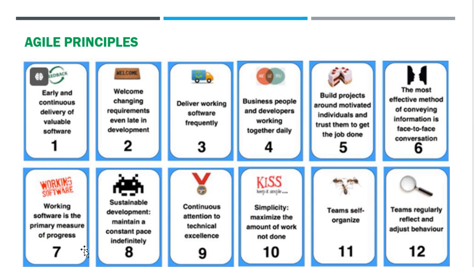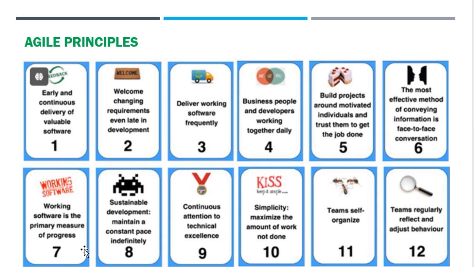So in order to understand from the agile perspective, instead of measuring success by the number of features planned or lines of code written, an agile team focuses on how much of the software is functional and in the hands of users. A new feature isn't considered progress until it is working and usable. So that's why working software is the primary measure of progress.